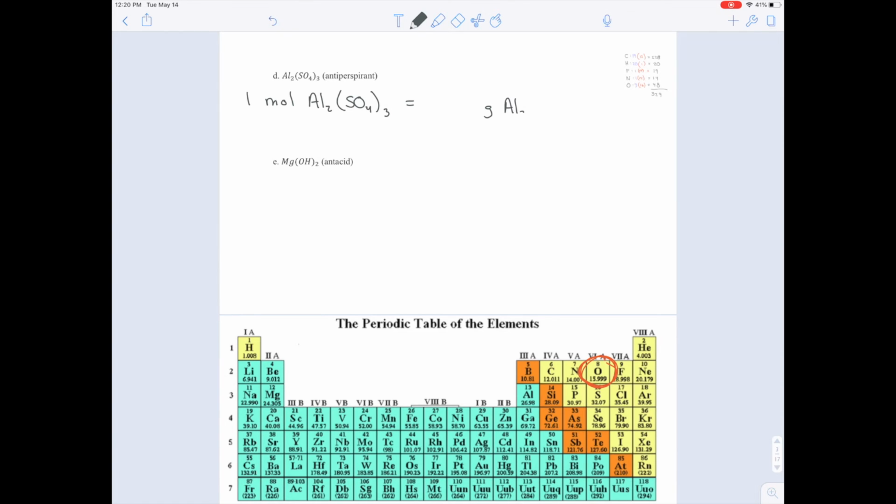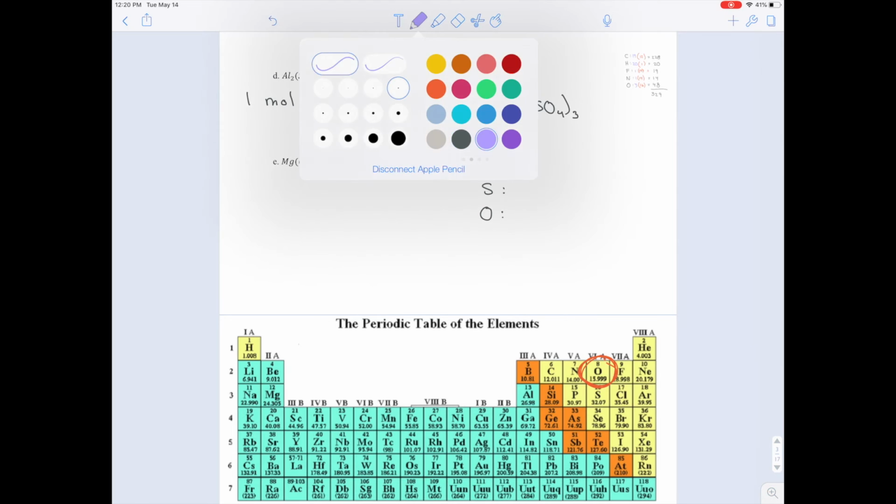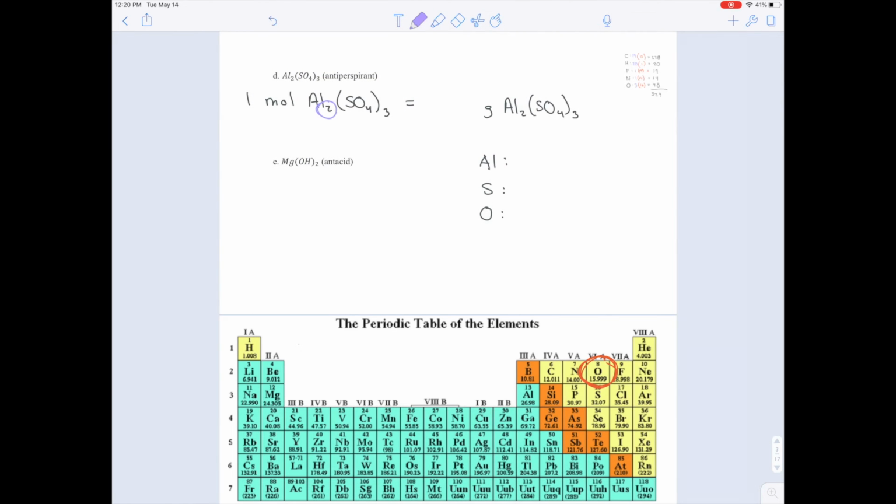Grams of Al2(SO4)3. That's what we want to find out. That's the molar mass. So the first thing we'll do is to list each element. So we have aluminum, sulfur, and oxygen. Now, in 1 mole of this compound, we would have 2 moles of aluminum, because the subscript right next to aluminum is 2.